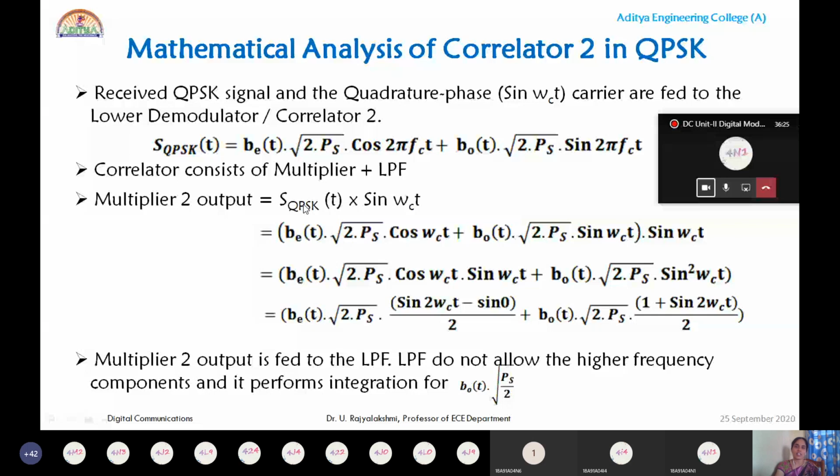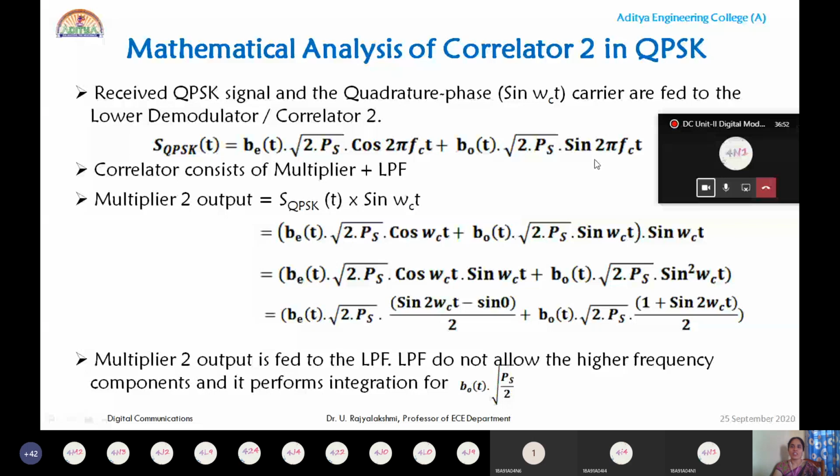Please substitute the QPSK signal. It is in the form of b of t root 2ps cos 2 pi f ct plus b naught of t root 2ps sin 2 pi f ct.